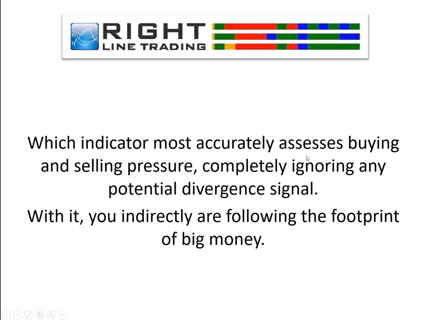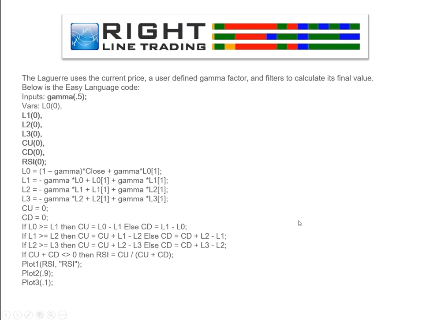Momentum, when done appropriately, accurately assesses buying and selling pressure. And the only oscillator that does that, completely ignoring any potential divergence signals, and with it, allowing you to follow the footprint of big money, is the Laguerre oscillator.